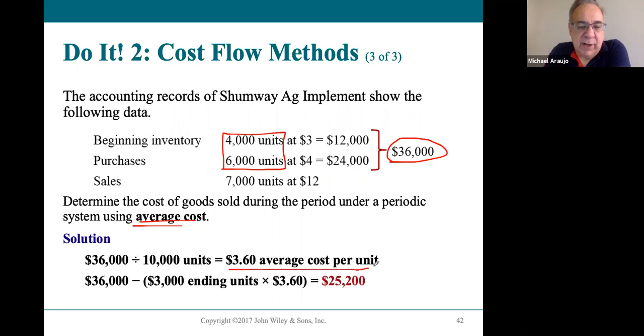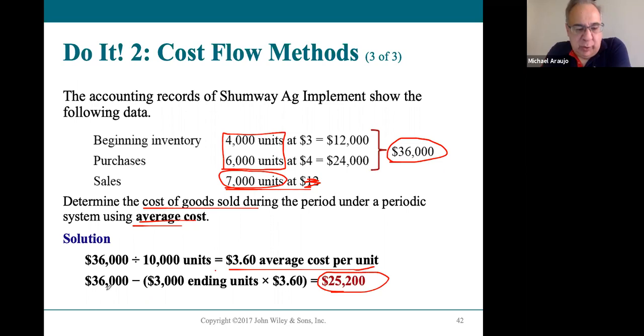So you need to first figure out your average cost for each unit. And then, of course, your book does it this way. You sold 7,000 units. We don't even care about the price that they sold that for, because we're not calculating revenue. That would be revenue. We're calculating costs, in this case, cost of goods sold. Well, you can say 7,000 times $3.60, and you'll get this.